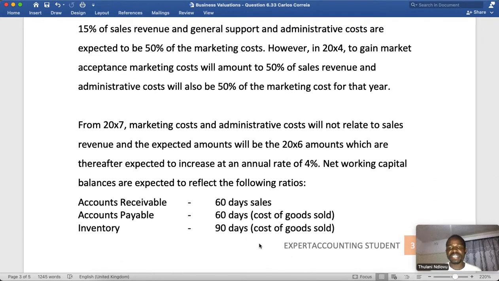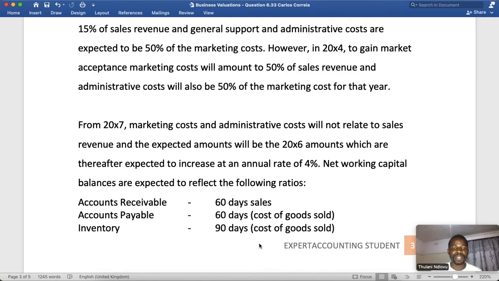From 20x7, marketing costs and administrative costs will not relate to sales revenue, and the expected amounts will be the 20x6 amounts, which are thereafter expected to increase at an annual rate of 4%.